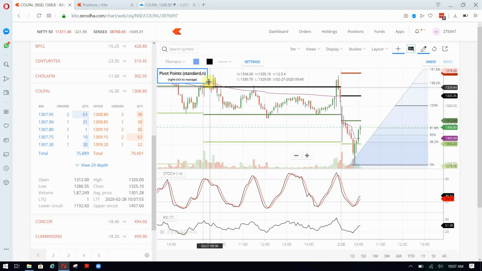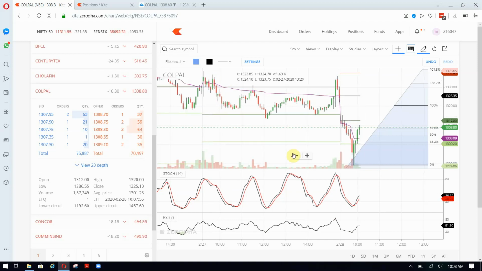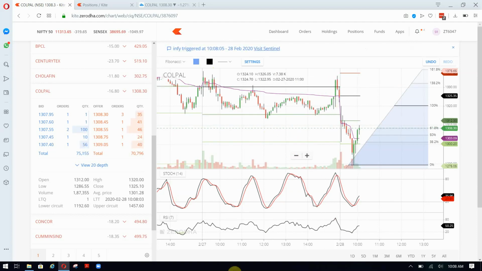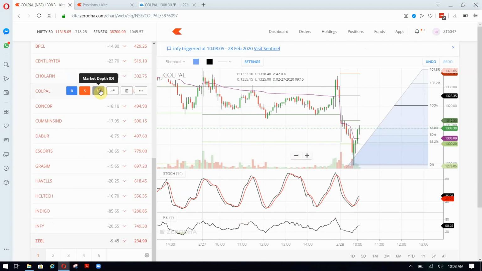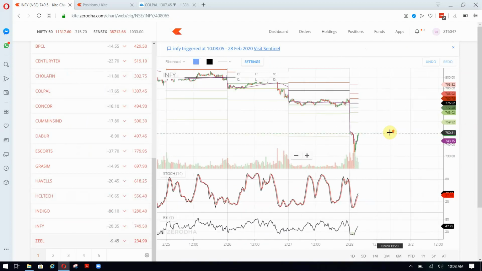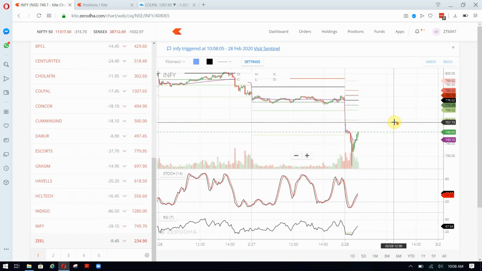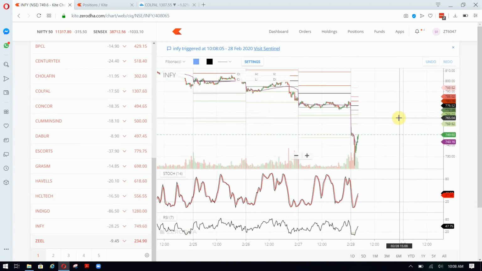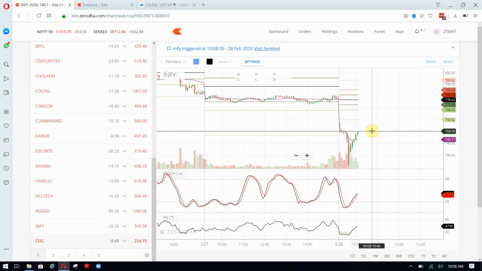If you look at yesterday, it was a range-bound trade for this stock. It was trading here, came down, and again was in that price range only. We have one more stock, Infy. Let us see what Infy says. Infy looks a little risky at this time because I don't see any previous history. Maybe I can think of this as a resistance point, but I don't want to take a chance now.